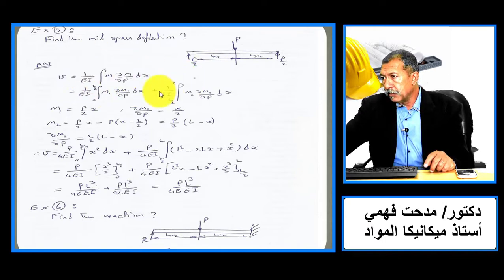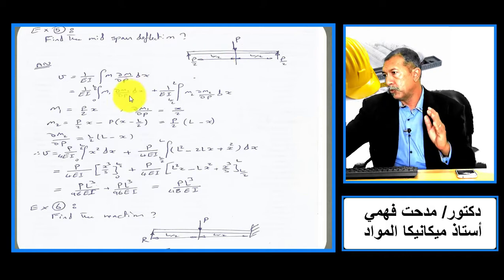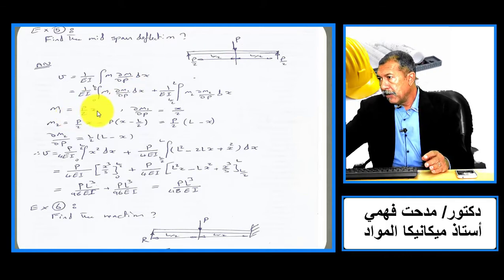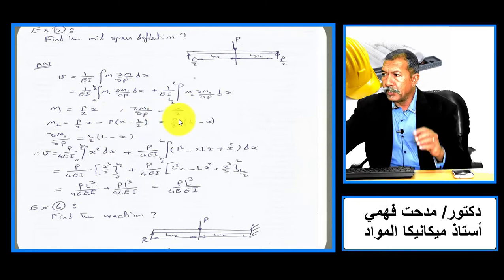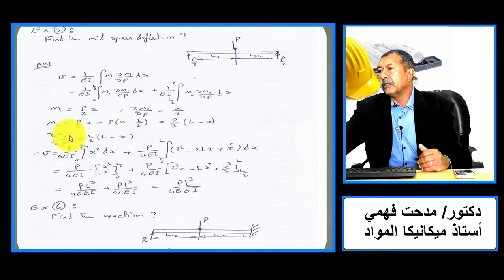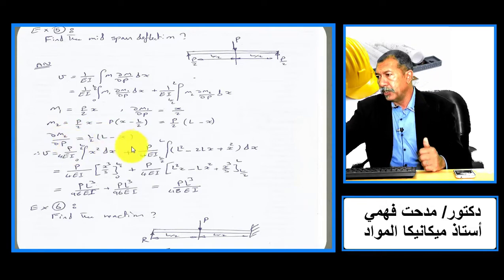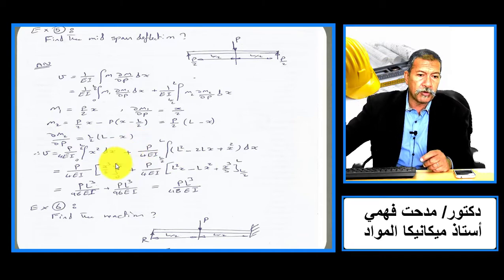So we put the previous equation about V. But this time we have divided the beam in two sections, so we have M1 and M2. We have to calculate M1 and also ∂M1/∂P and M2 and also ∂M2/∂P, and we substitute all of them in the equation of the deflection.